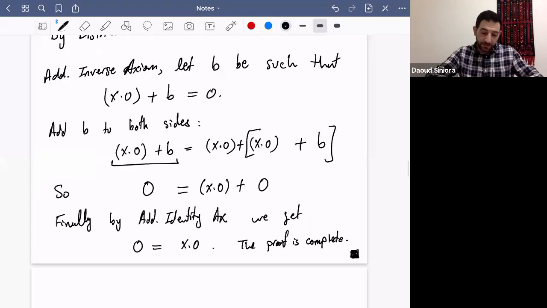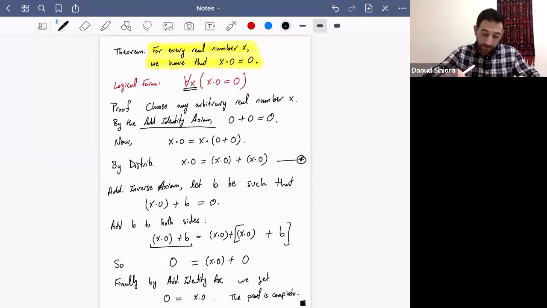So this is our proof of the theorem, which says if you have any real number x, then the product of x with 0 is 0. Notice that this is a universal statement of the form for all x P of x. We proved that every real number has the property that its product with 0 is 0.